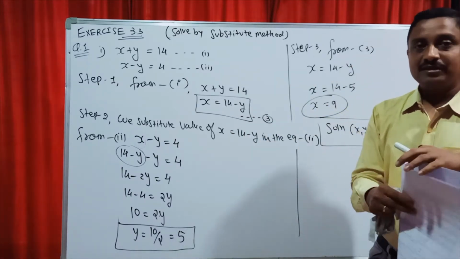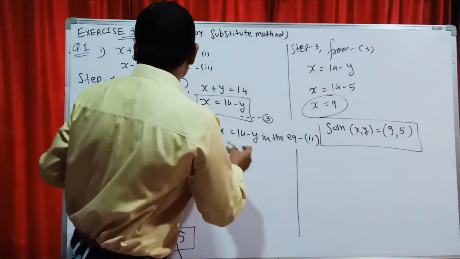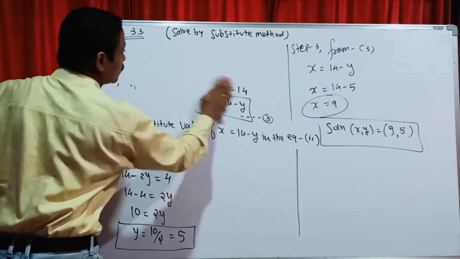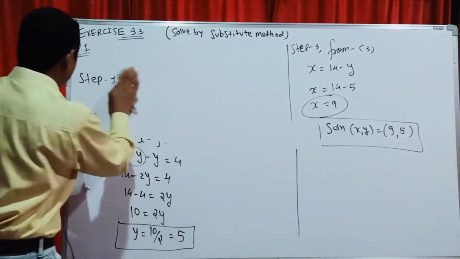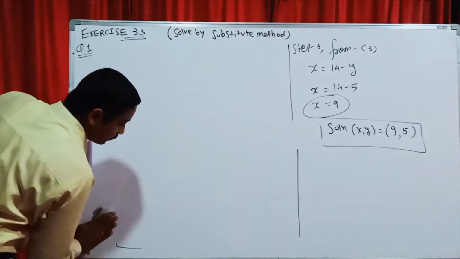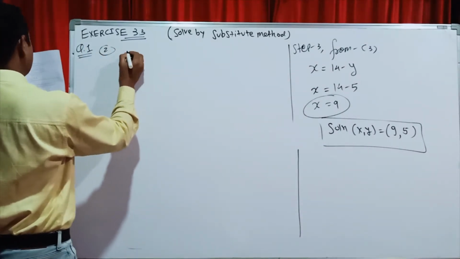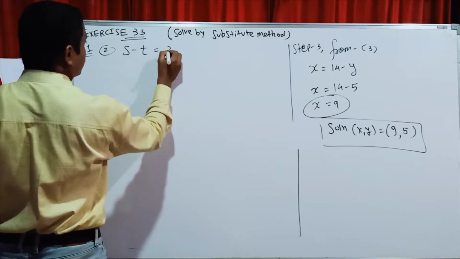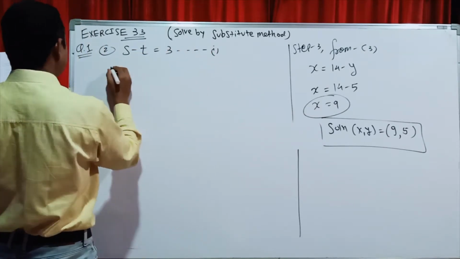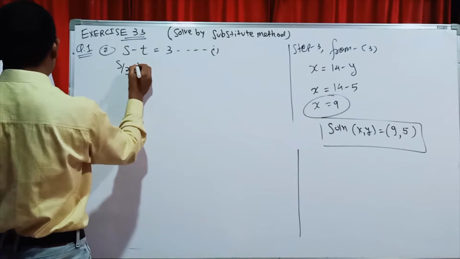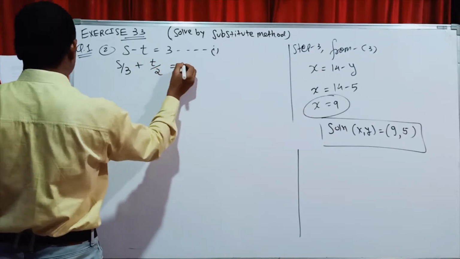Yes students, now I start the second one. Question 2: s minus t is equal to 3, and s by 3 plus t by 2 is equal to 6.